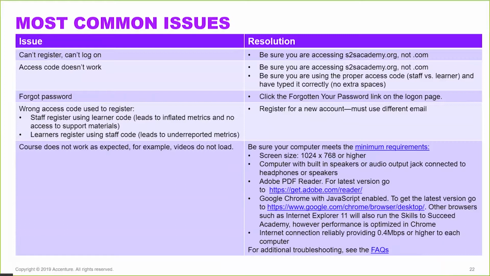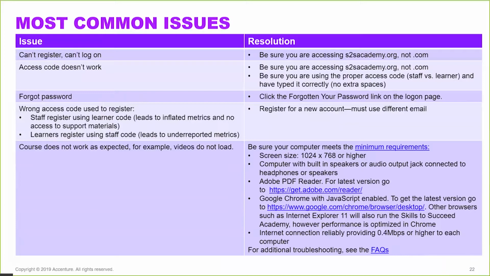If someone reports that their access code isn't working, the most common reason for that is that they're accessing s2sacademy.org and not s2sacademy.com. Our access codes in the U.S. won't work on the UK site and vice versa. And also just be sure that you are using the proper access code. If you click to register as staff, you definitely need to use a staff access code. Same with learners. And also just make sure that there are no typos.